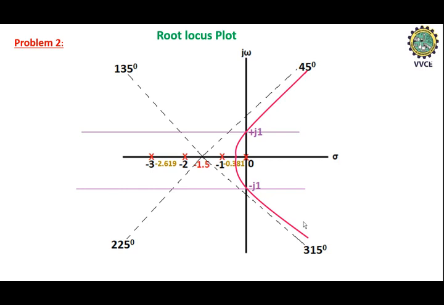Next, the third branch is moving from minus 2 to 135 degrees, and the last branch, that is the fourth branch, is moving from minus 3 to minus 2.6, and from there at 225 degrees. So this is the complete root locus. You can also denote the direction of the root locus like this. They are going outwards because all the 4 branches are infinite branches.